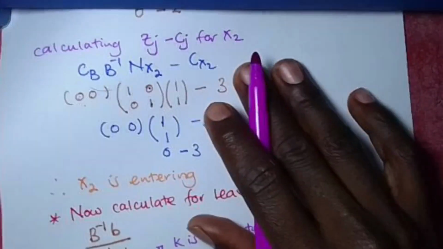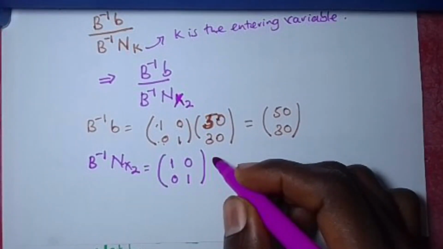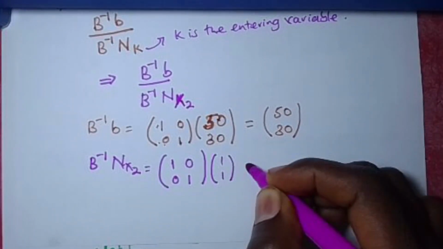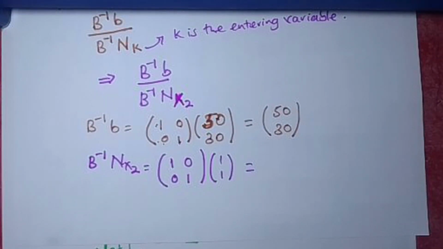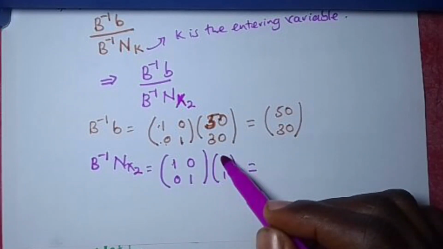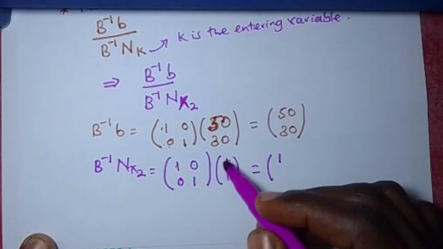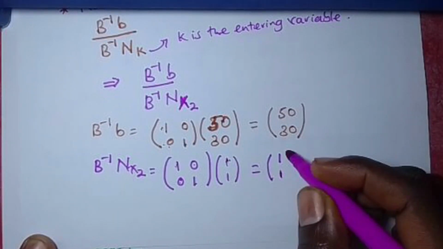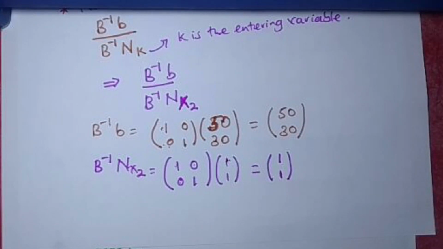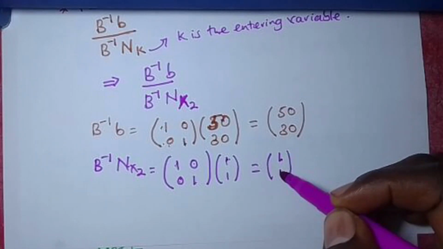So we shall multiply times 1 1 here, and when you multiply that, we are going to have 1 times 1 plus 0 times 1, which is giving us a 1. 0 times 1 plus 1 times 1, which is also a 1. So that is the set we have come up with. Now what is left is to divide these two sets. To divide them, you take this and divide it with this, and also this and divide it with this.